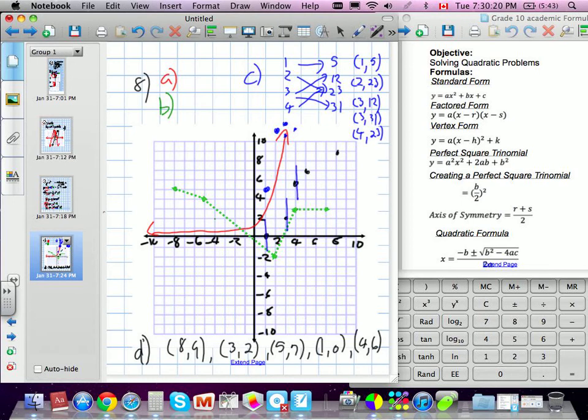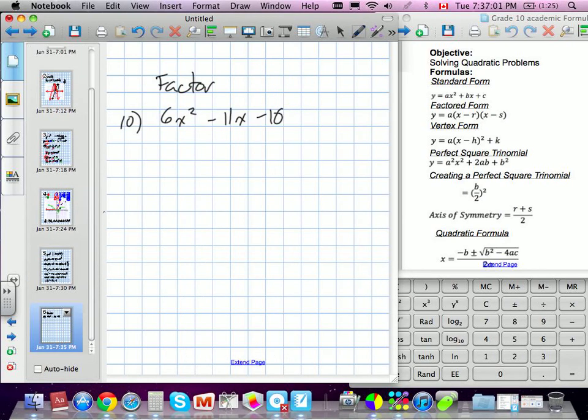Let's say we're going to factor this. We need to find the factors of the first term, 6x. So we have 1x and 6x, 2x and 3x. And factors of the last term, which is 10. So 1 and 10 and 2 and 5. We know that their products need to add up to our middle term, which is a negative 11x, right? So let's give this a try. Try the 6. 1 by 1 and 6 by 10, definitely not.